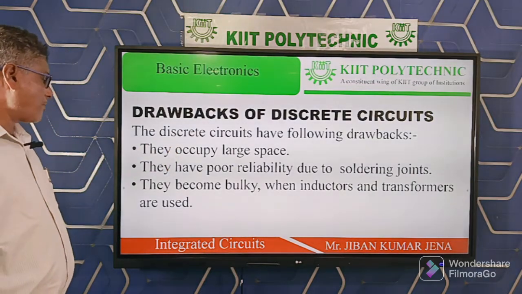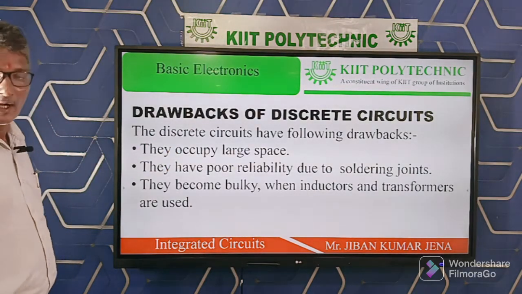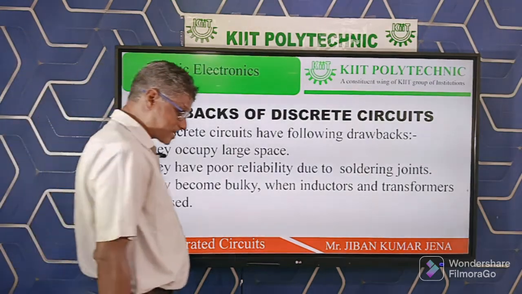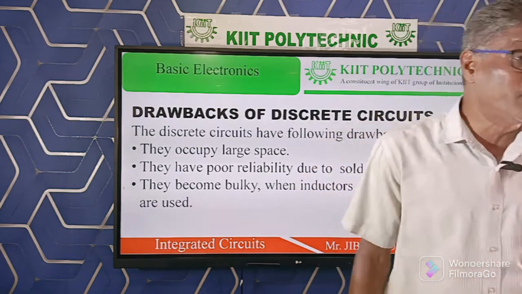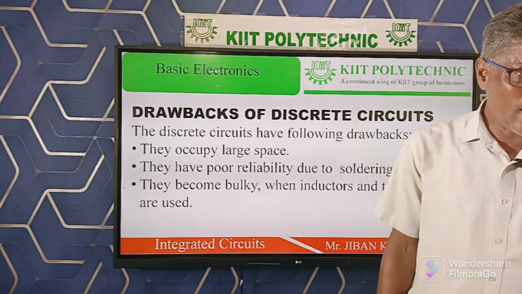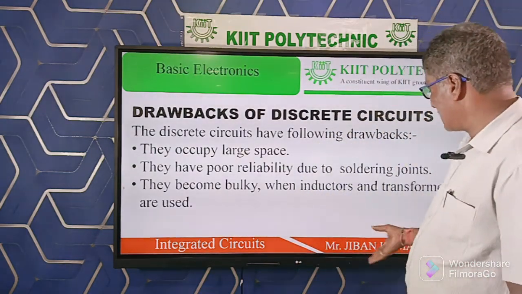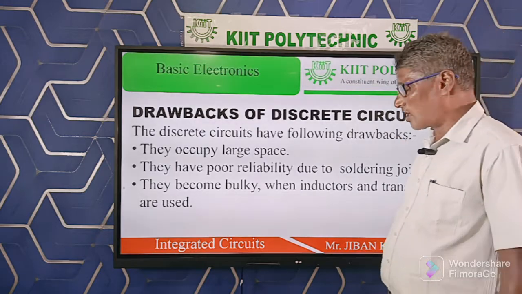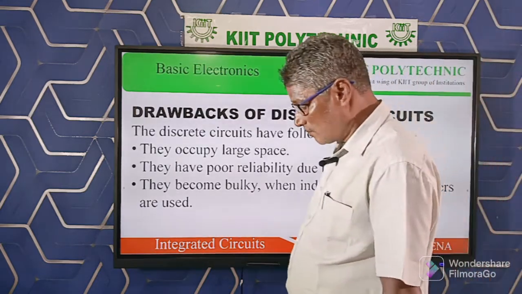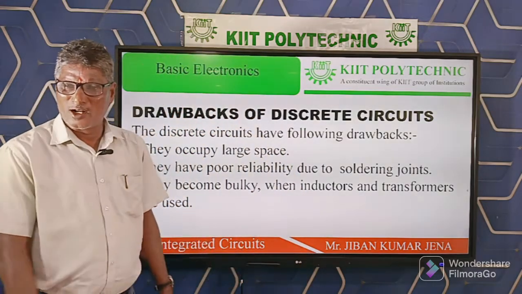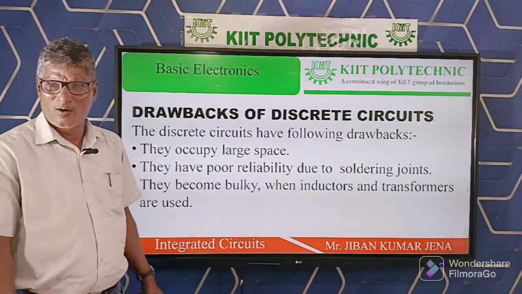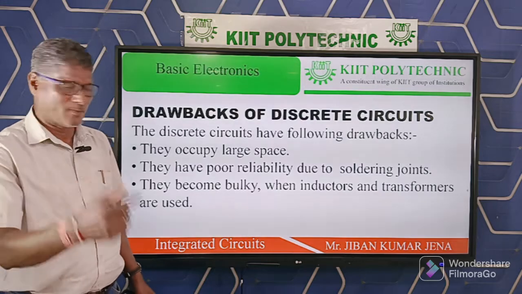Next point, they have poor reliability due to soldering joints. Reliability means, in general English, longevity. So its longevity is poor or less. Why? Because there are manual connections by using the soldering iron of a discrete circuit on the PCB.